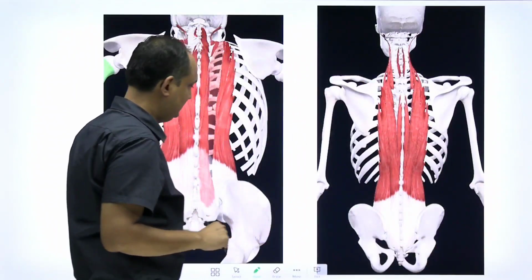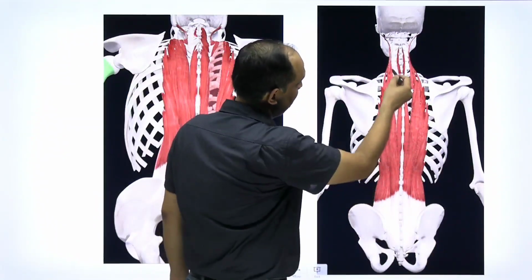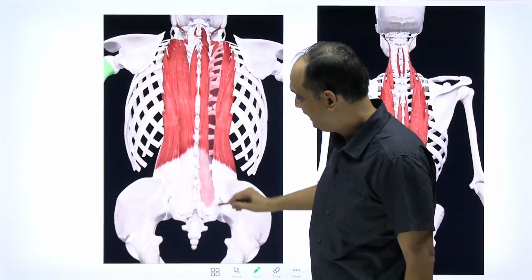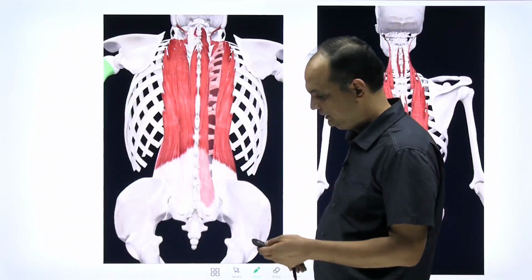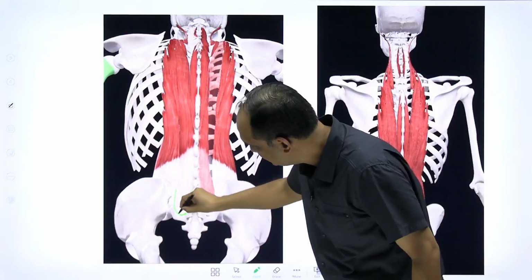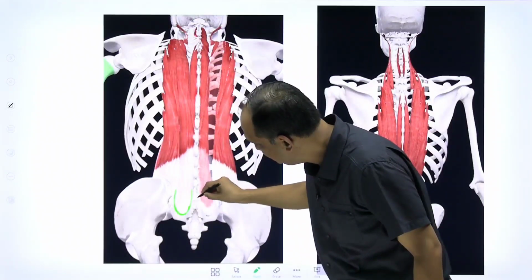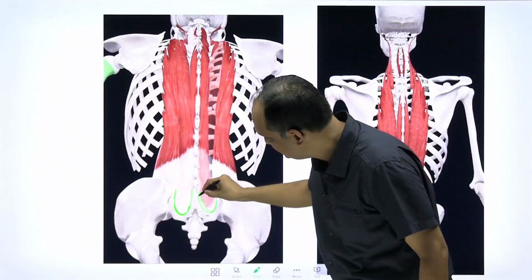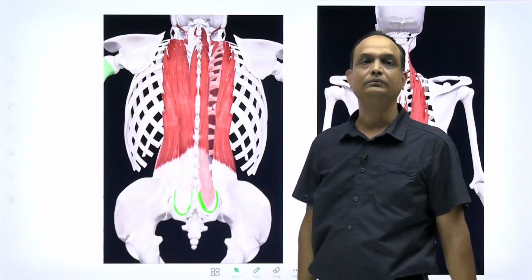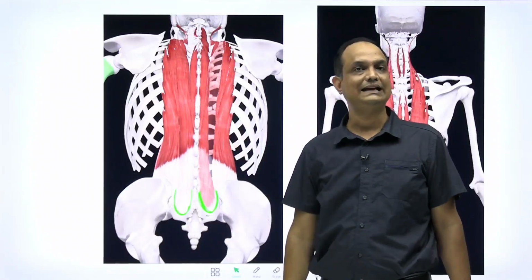If you see this area, this is the muscle known as erector spinae, and it takes origin from the U-shaped structure, and this U-shape is the attachment of its tendon, or I should say the linear origin from the posterior surface of the sacrum.